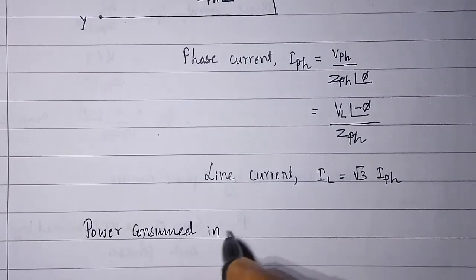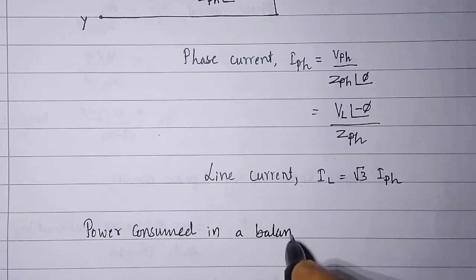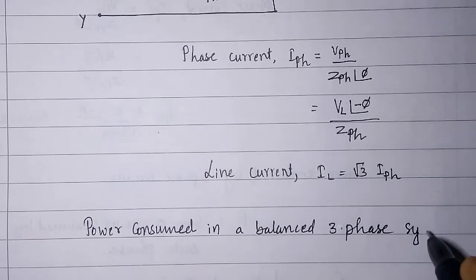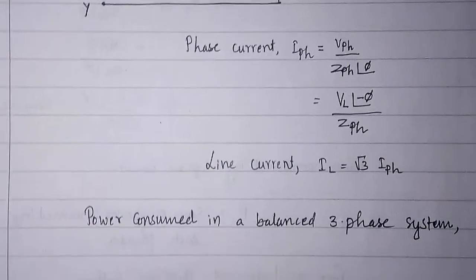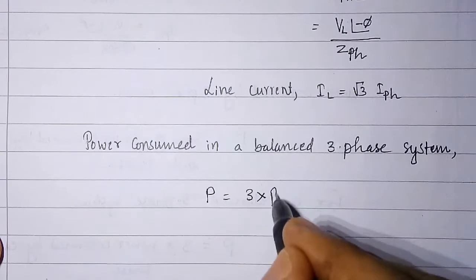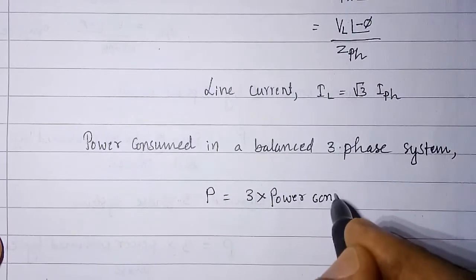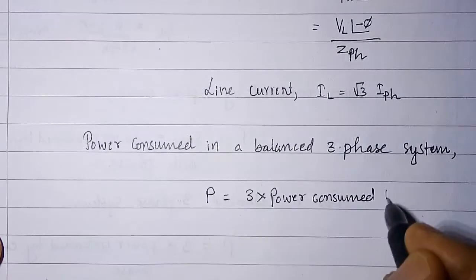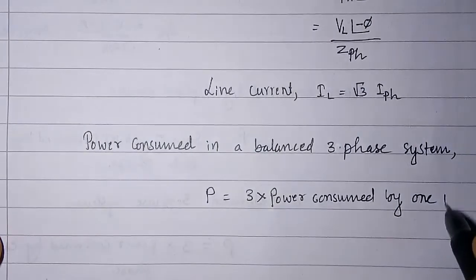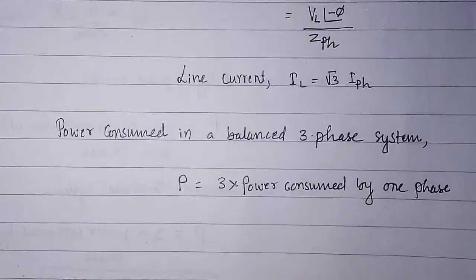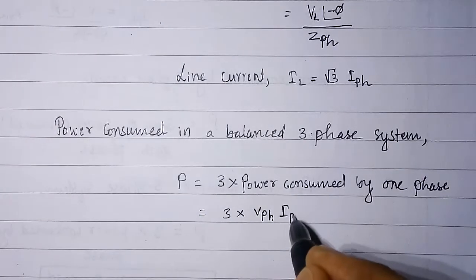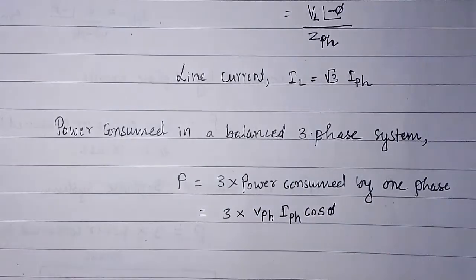Power consumed in a balanced three-phase system, capital P, is equal to 3 into power consumed by one phase, that is equal to 3 into VPH into IPH into cos phi.